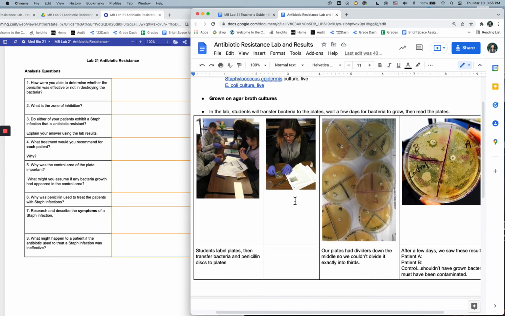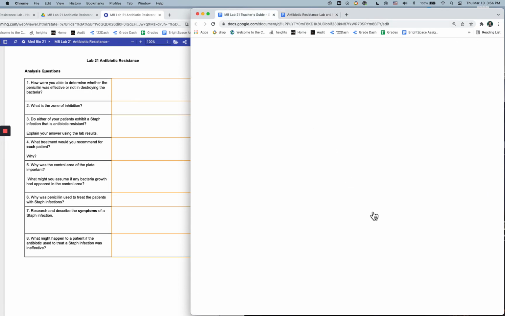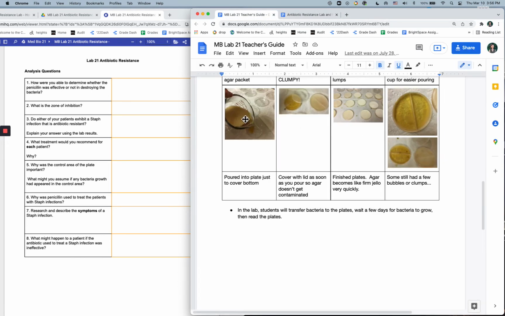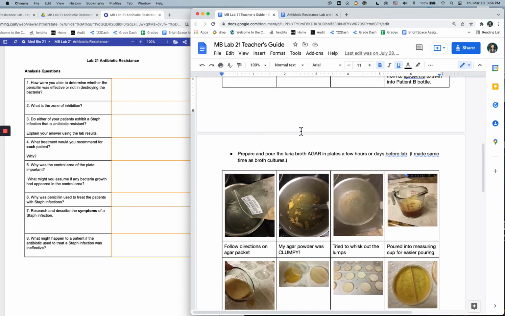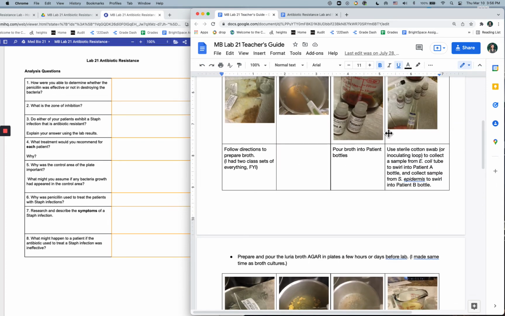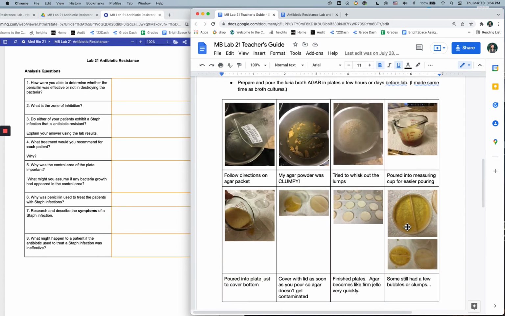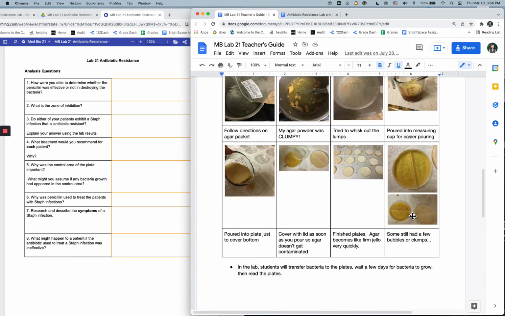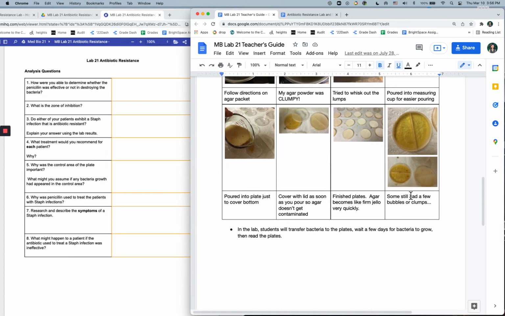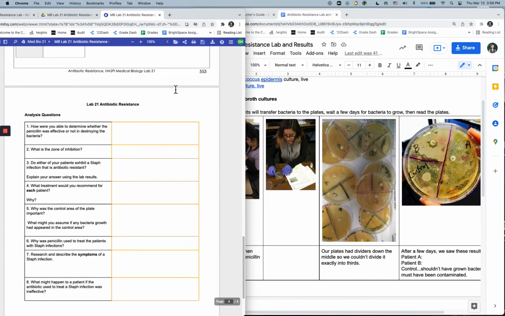And then just to show you a picture of what these nutrient plates are, basically I had to boil up some broth that had different nutrients in it, and then pour them onto plates, and then they solidified like hard jello. Okay, so I hope that's not too confusing for you.